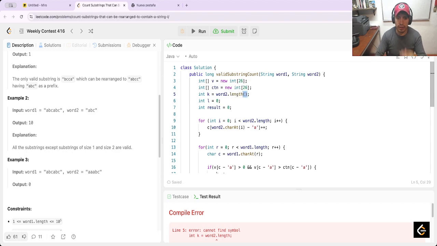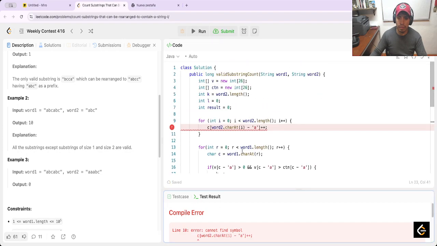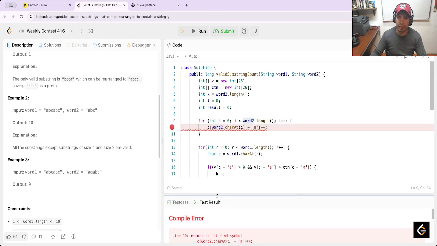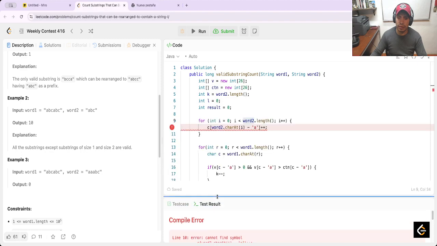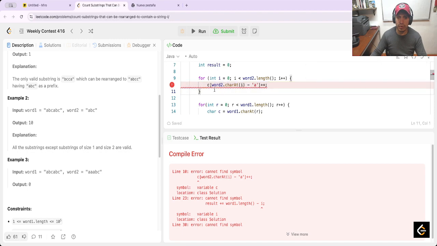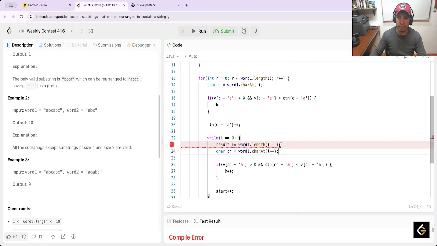Length, it's with this length. What? Cannot find the symbol. It's B. Air.